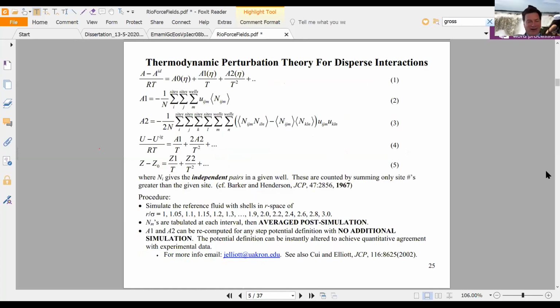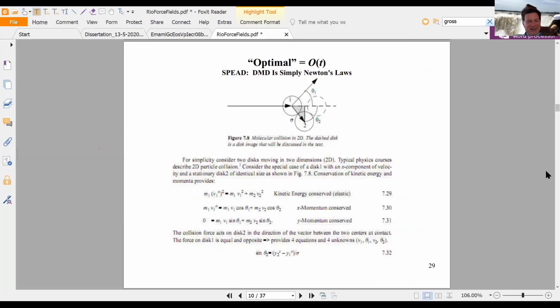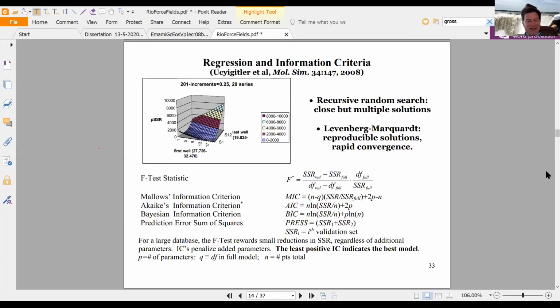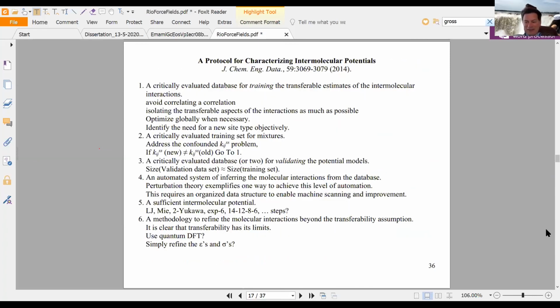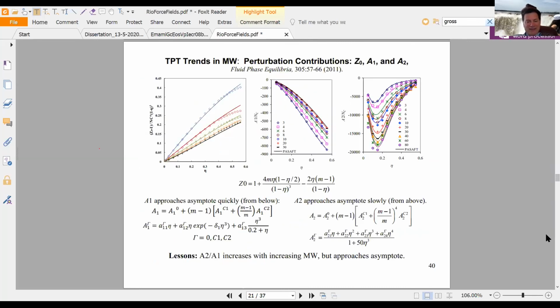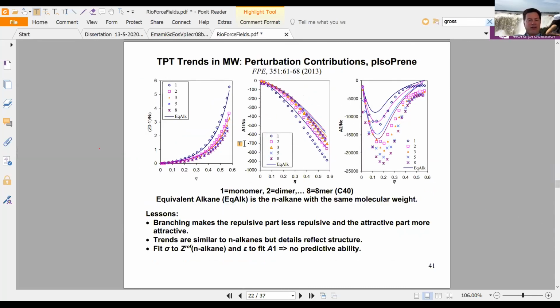And so you can see that in figures like, especially like this one, okay? If you were to put tangent spheres on here, I think they're even lower in terms of repulsion than the polyisoprene.